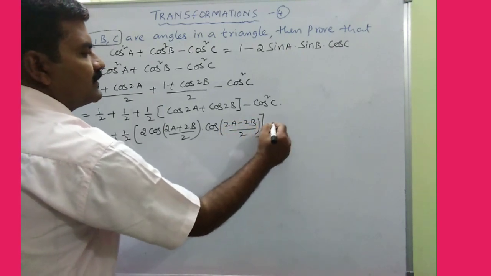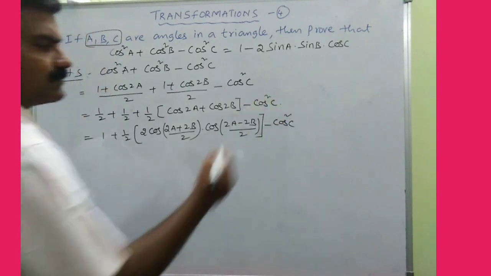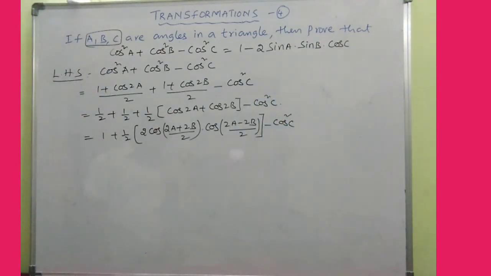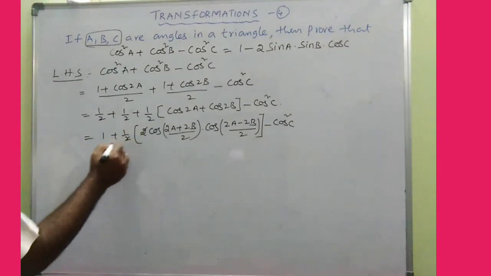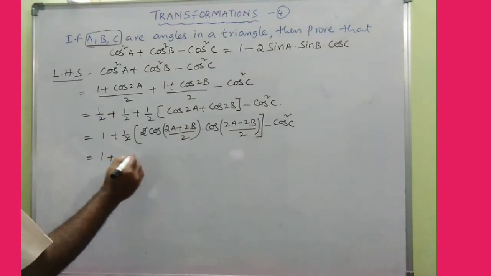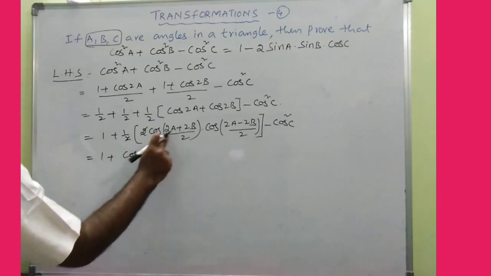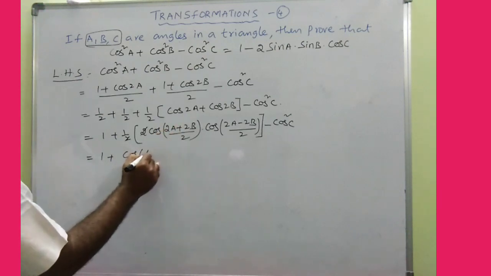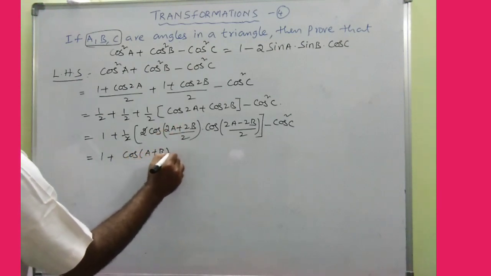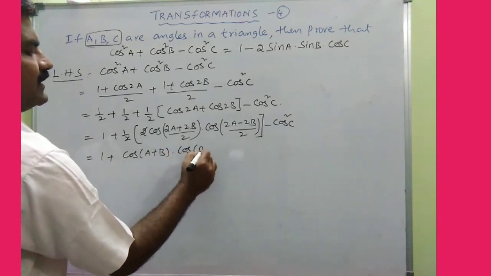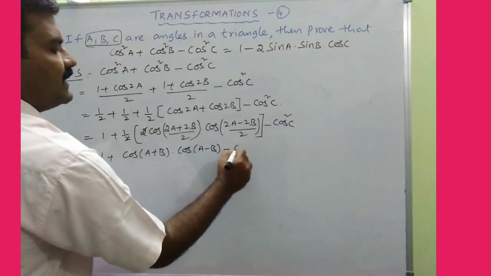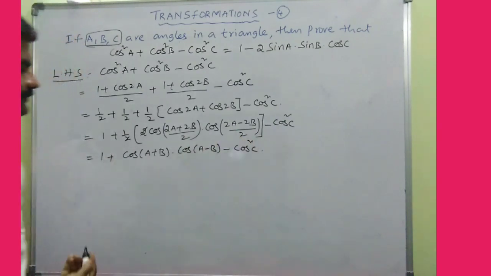Close the bracket and this is minus cos square C. Okay, so now 2 gets cancelled. 1 plus, what is this? After taking 2 common, cos of (A plus B) into cos of (A minus B), and minus cos square C.